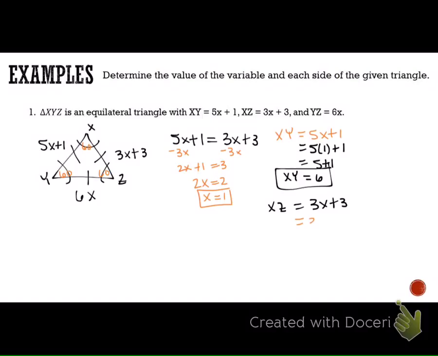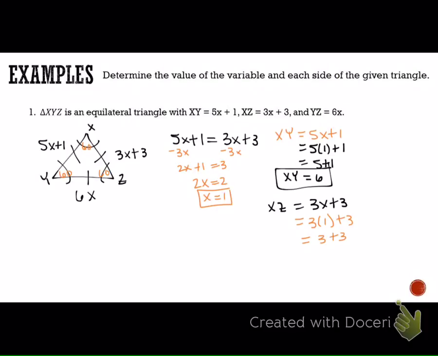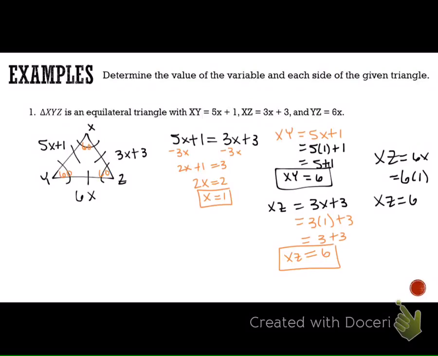So we just keep plugging in 1. And then YZ equals 6x, so 6 times 1 is 6. Why is the answer 6, 6, 6? I don't know. Each side length is a 6. I don't know why it happens to be that number.